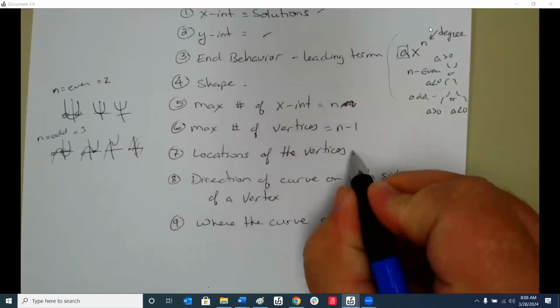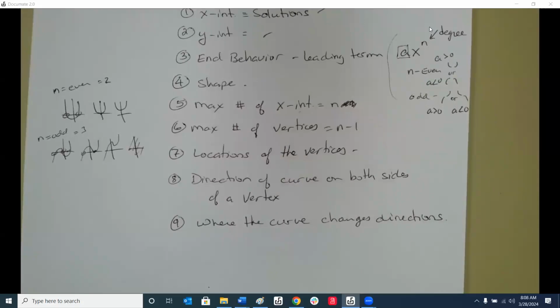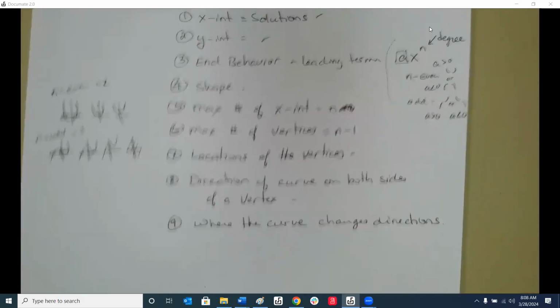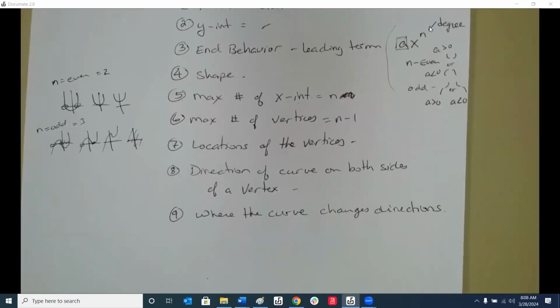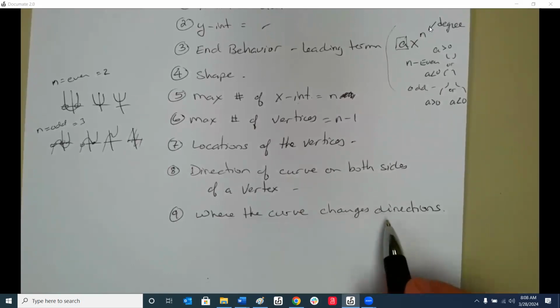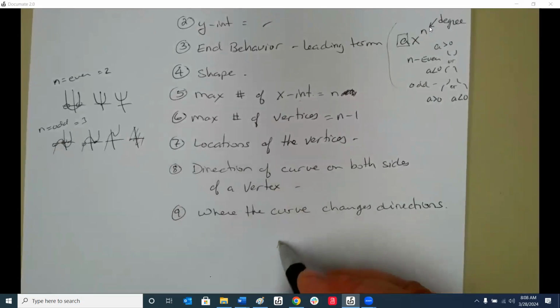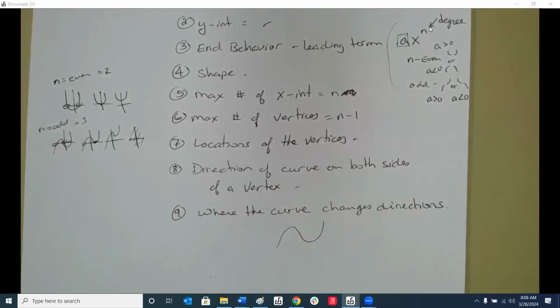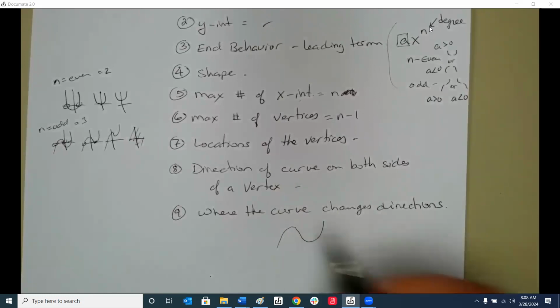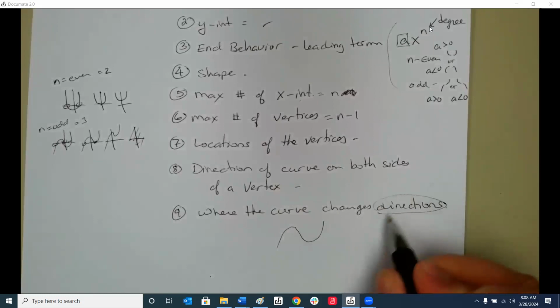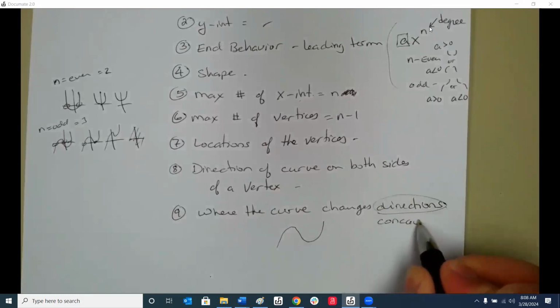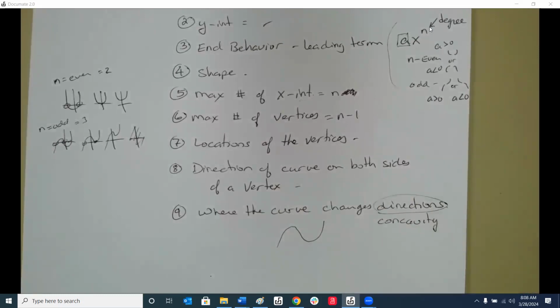How do we find the vertices? Once we find the vertices, what happens to both sides of the vertex? And then where does it change direction? For example, in the cubic function, we have something like this. What I meant by direction is concavity.